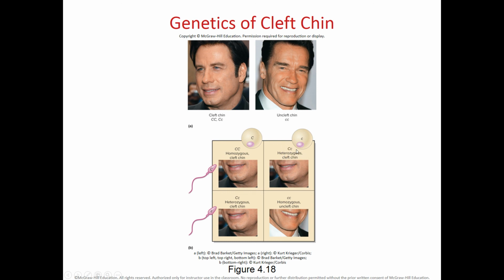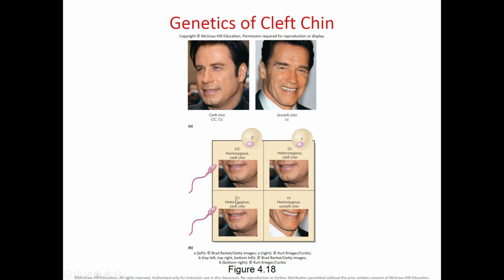So you have big C, little c, and you still have a cleft chin in the progeny because you have one dominant coming from the sperm cell. What about in this situation in here? Well, it's the same, because you have this cleft chin allele coming from the mom, from the egg cell, and then you have a recessive coming from the sperm cell.